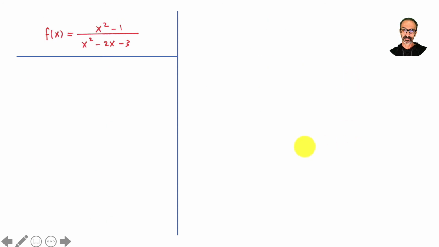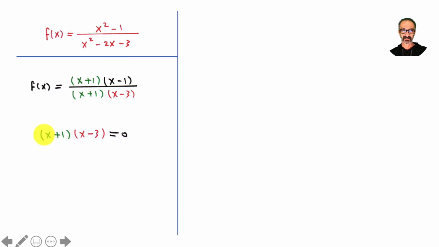Another function, quick. I'm not writing any title, it's more for discussion. Factoring it with colors, top and bottom side. See the green? Looking at the denominator, setting the denominator equal to 0, I have the zeros.